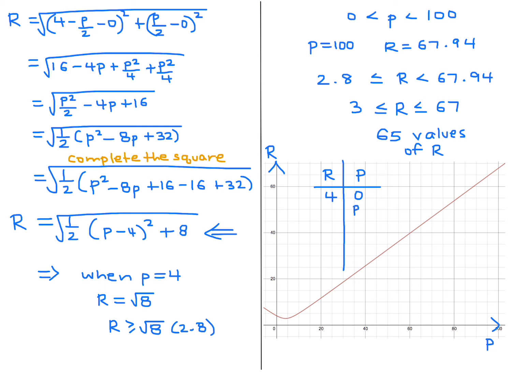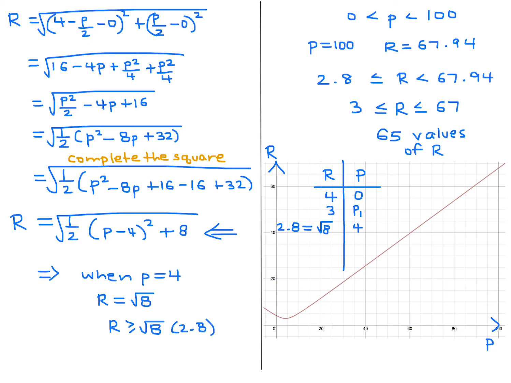But when you get to a certain P1, you will get R being 3. And then when you get to a certain value of P, namely 4, you get the root 8, which is equal to 2.8. And that is, of course, the minimum value, as you can clearly see on that graph.